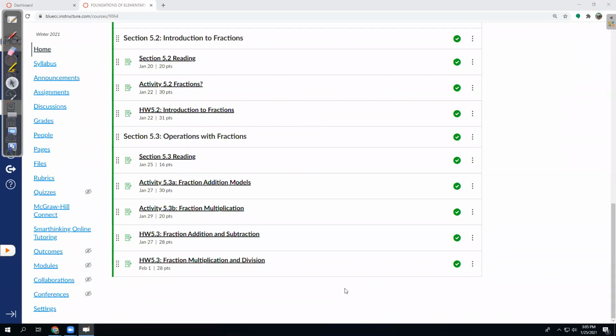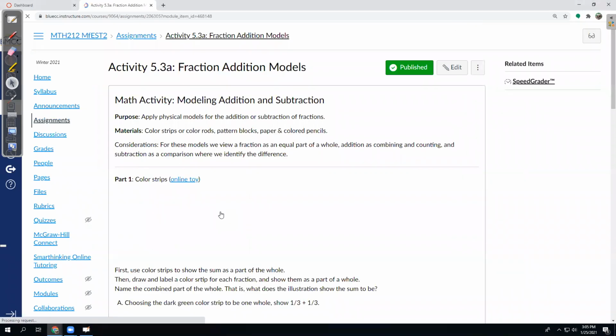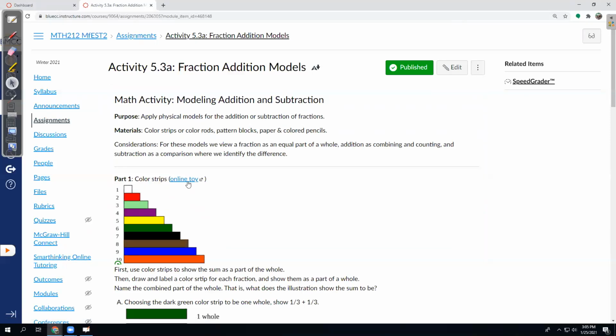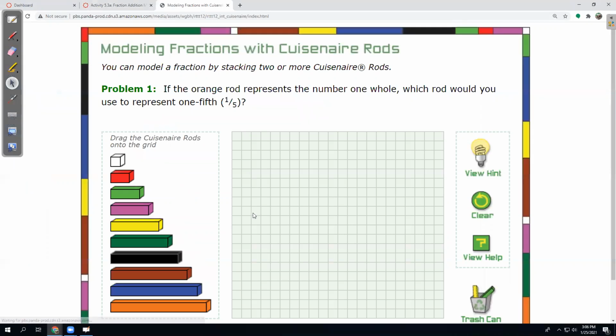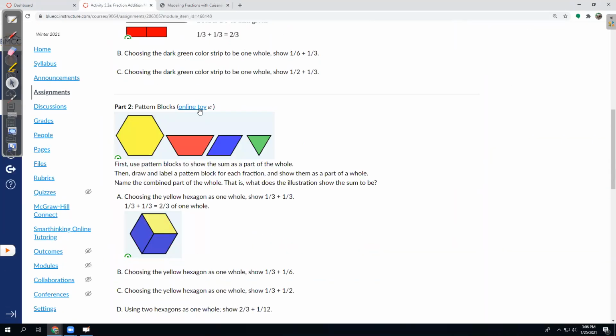I accidentally posted a link somewhere to a version of the pattern blocks where the app is out of date. So let's make sure I've got the right one here in the activity. So we have the color strips toy, that should be the same one we played with last week. Yep. And then hopefully this is the right version.